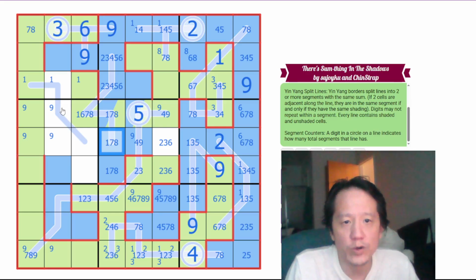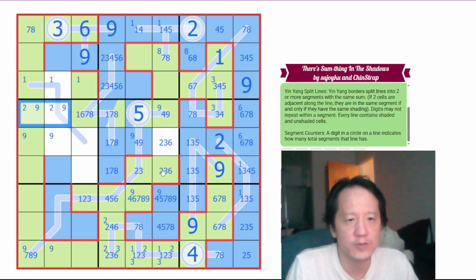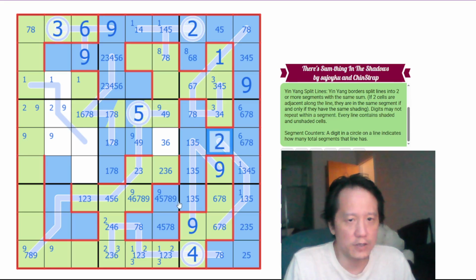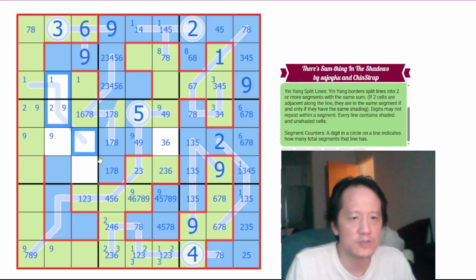Well, we know where's the 2 actually in row 4. It has to be one of these two digits, because you can't have 2 and 7 adding up to a single digit here, because that would be 9. You can't have 2 and 1 because that would be 3, and that's not allowed. So the 2 has to be one of these two digits here. This can't be 2 because of the 2 here. One of these 3 is blue at least.